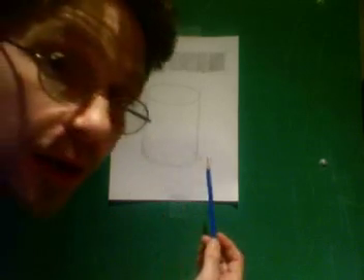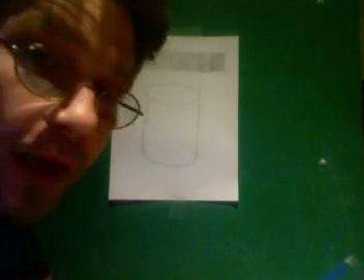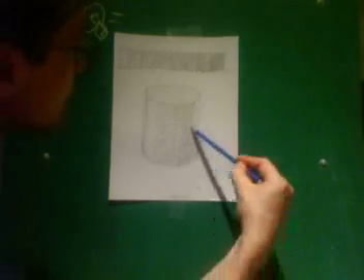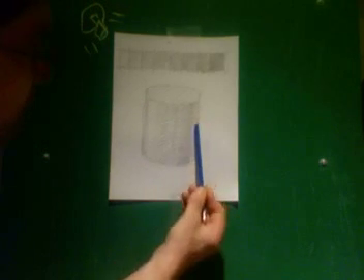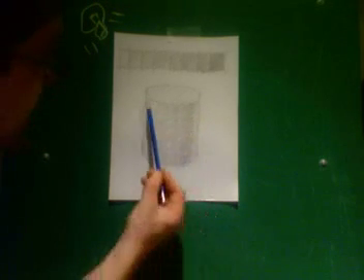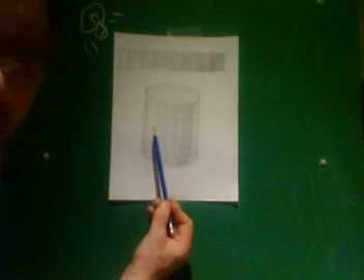Now I'm going to do the time lapse and show you how it's shaded. Okay, now you'll notice the reflective edge is slightly lighter than the dark side, and this is slightly darker than the light side here.